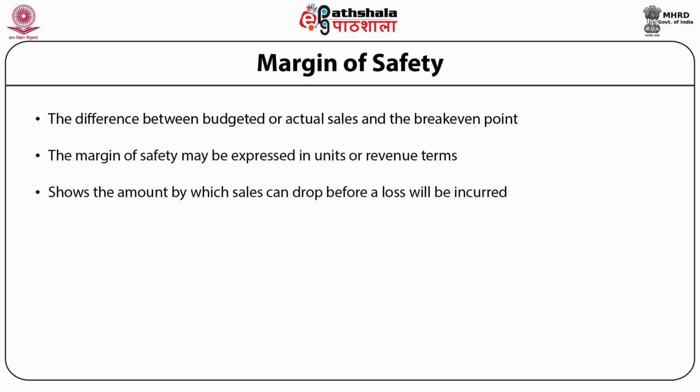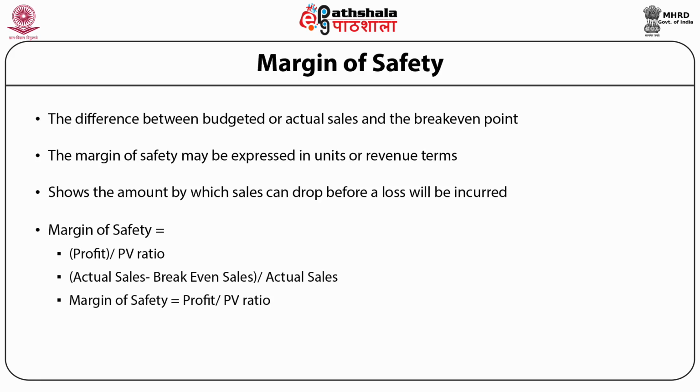The margin of safety may be expressed in units or in revenue terms. Margin of safety is equal to profit divided by PV ratio, or actual sales minus break-even sales divided by actual sales into 100, or margin of safety is equal to profit divided by PV ratio.